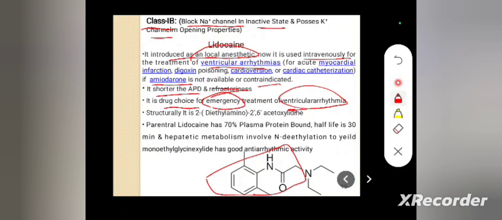So acetanilide and xylidine combine to form acetoxylidine. At this carbon there is the diethylamino substitution.